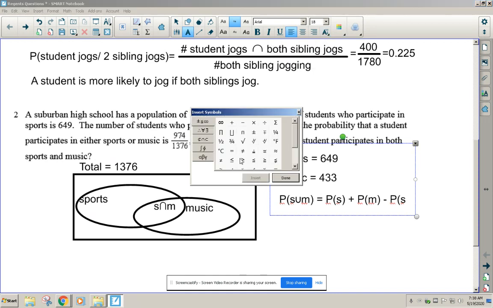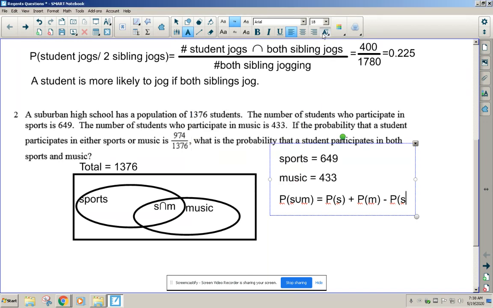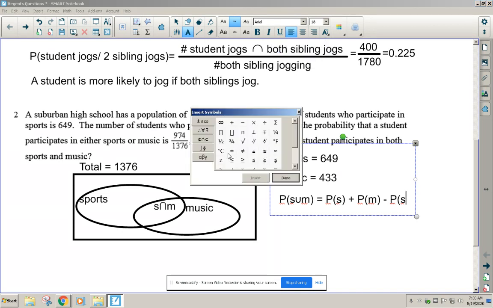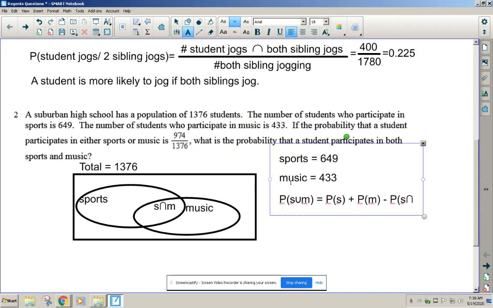So I need my little overlap symbol. All right, sports and music.